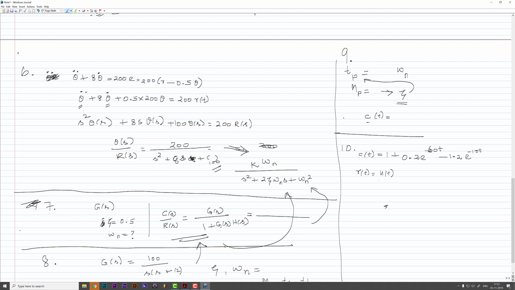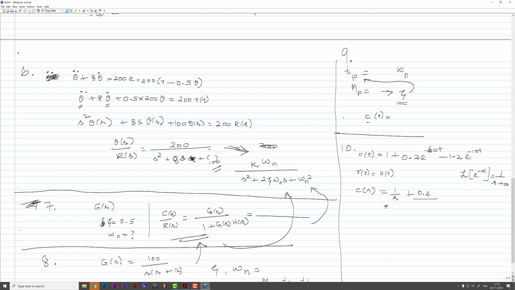When a unit step input is applied, obtain the closed loop transfer function, the damping ratio, the undamped natural frequency of oscillations and everything. Okay, so C of t is given. So can you find out C of s? Yeah, you take a Laplace transform of this. One is 1 by s, plus 0.2 times the Laplace transform of e power minus at, which is 1 by s plus a.